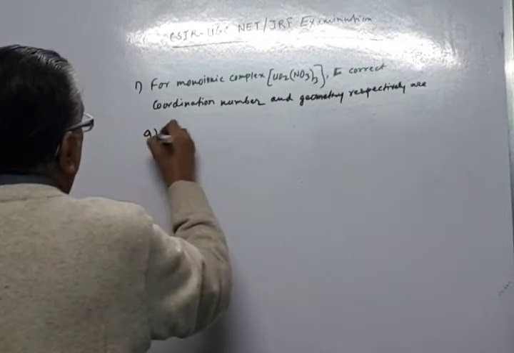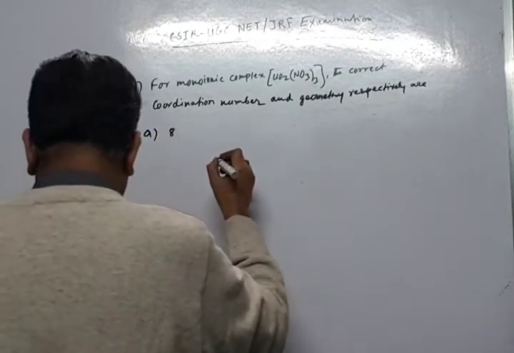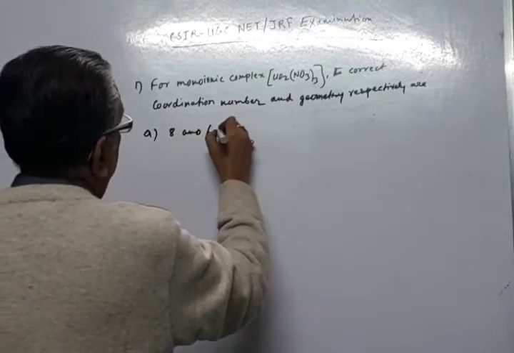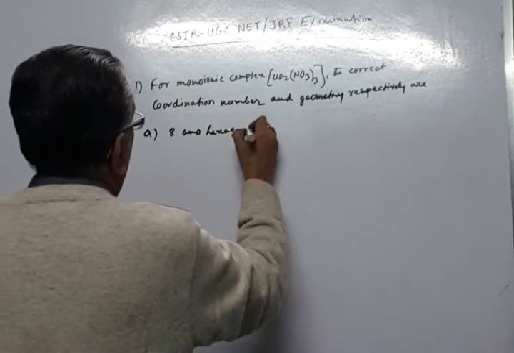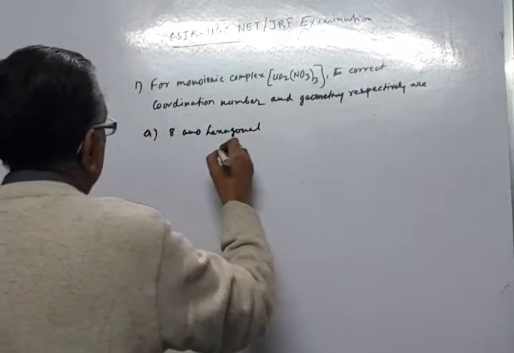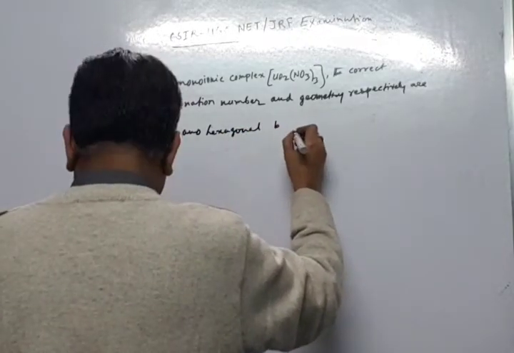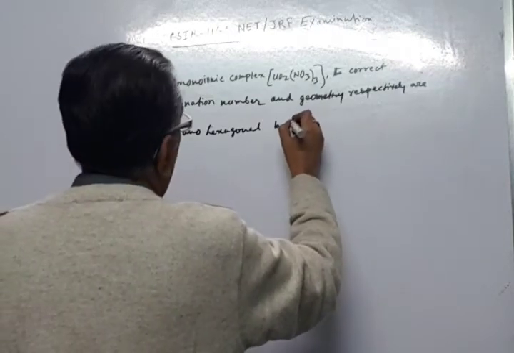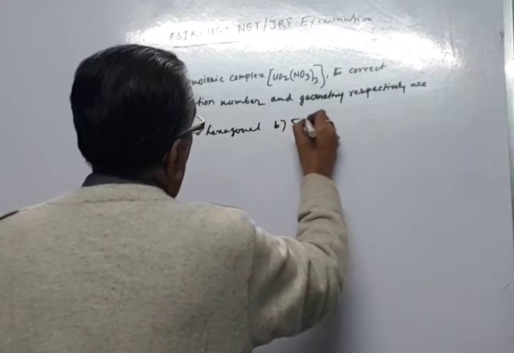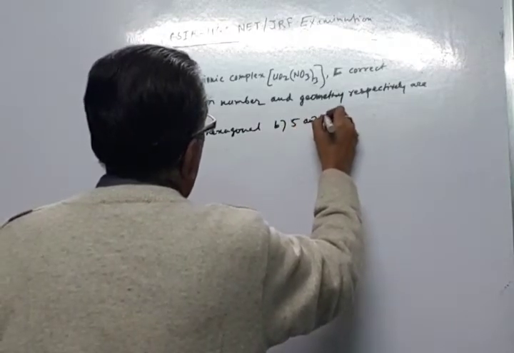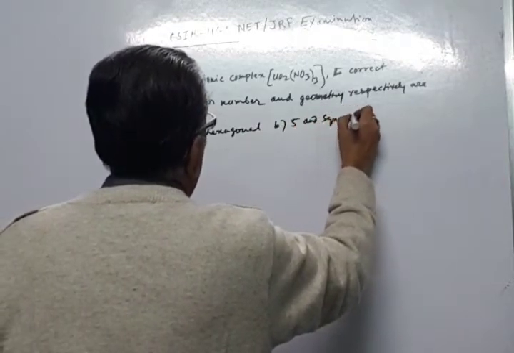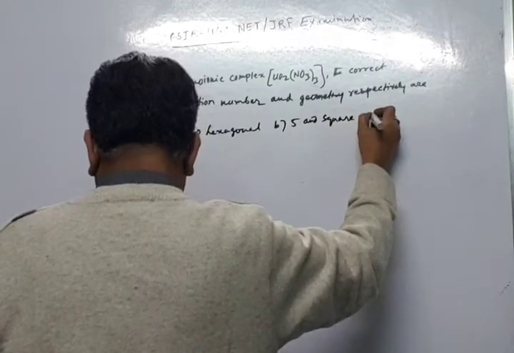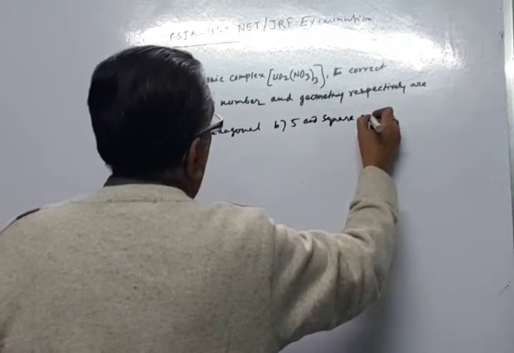A, 8 and hexagonal. B, 5 and square pyramidal.